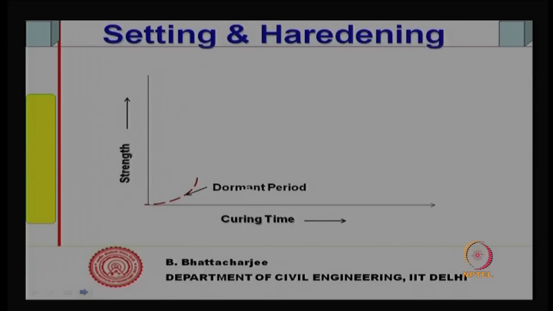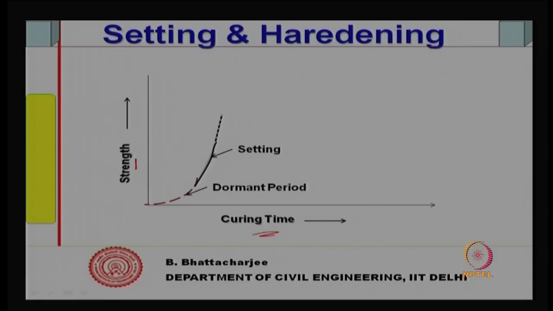So, let us see schematically how we can represent this. Initially there will be a dormant period where there is no strength gain; the y axis is strength, the x axis is curing time, let us say. So, no strength gain. Then there will be rapid strength gain, and this process is setting.